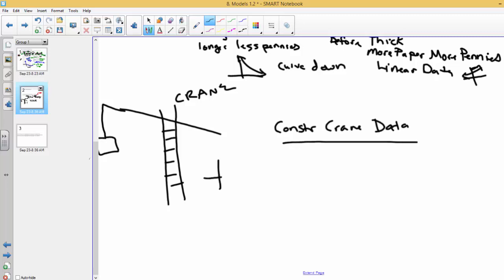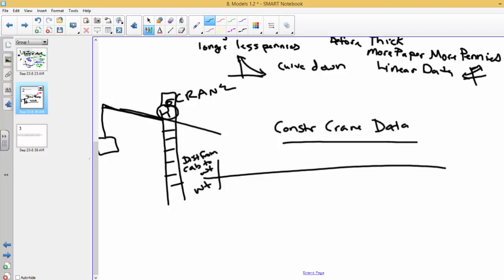And the data is the distance from the cab to the weight that it's carrying. So like the cab, I think there's a little thing that this person sits in and they operate it. It's super fun. And so that would be this distance from the cab to the weight that it's carrying. And then the actual weight. So this is in feet.